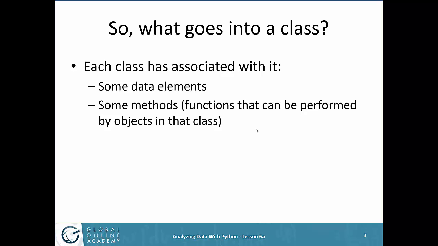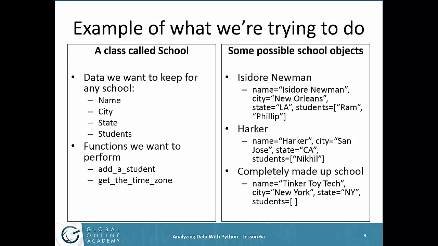What goes into a class? Each class has to have associated with it some data elements, certain pieces of data that every object that's a member of that class has to have its own version of. And some methods, which are functions that can be performed by any object in that class. So here's an example of what we're trying to do before I give you any of the Python syntax for it.